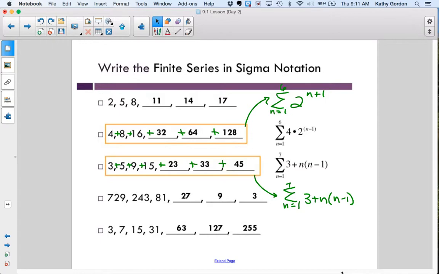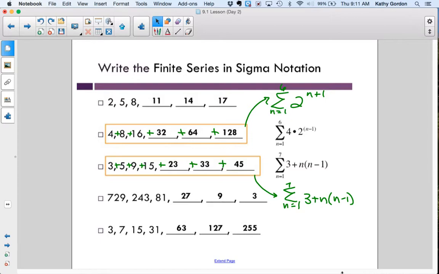Once you've established that function, then put the sigma in front of it and set up your numbers to go from probably n equals 1 at this point up to however many terms it is that you're trying to add together. And then you have the notation for a series, which will add it all up. Make sense?